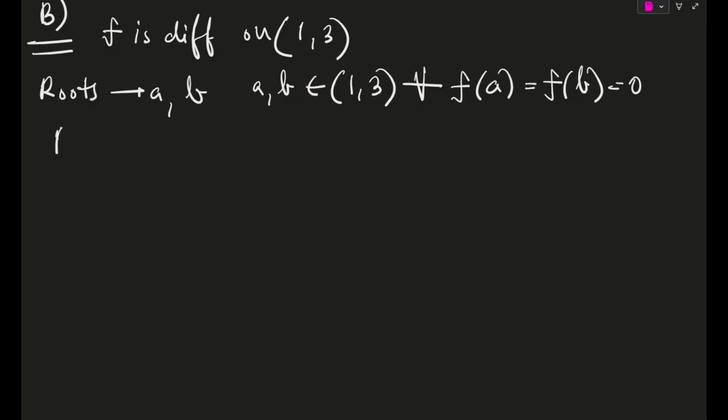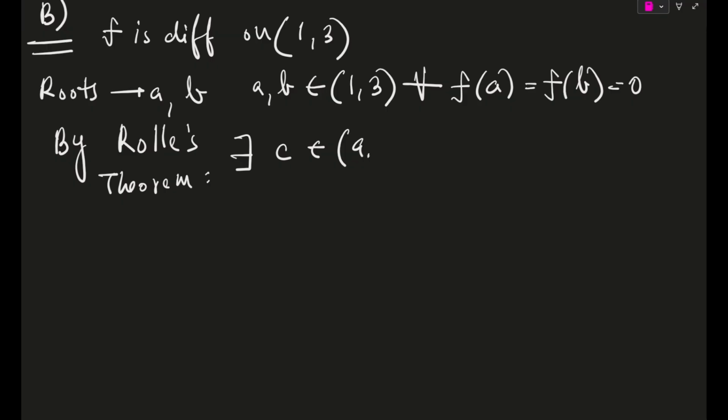So by a very famous theorem, I guess you can guess what I will use. I will use Rolle's theorem. By Rolle's theorem, there will be a point c belonging to open a to b for which f dash c will be equal to 0.